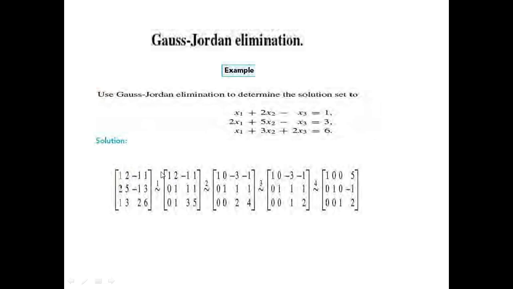So after adding, we will have minus 2, minus 4, plus 2, minus 2. So if you add it to row number 2, we will have 0, 1, 1, 1. Similarly, in order to convert it to 0, we multiply row number 1 by minus 1 and add it to row number 3. We will have 0, 1, 3, 5.